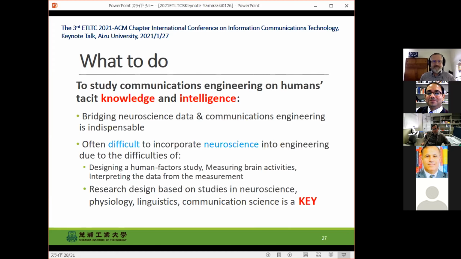And although it's very difficult to incorporate neuroscience into engineering, I guess we need to have some kind of collaborative research among researchers in neuroscience, psychology, linguistic and communication science. I think this is a key, but often very difficult because these scientists live in a different world, I would say. So communication is very important, I think.